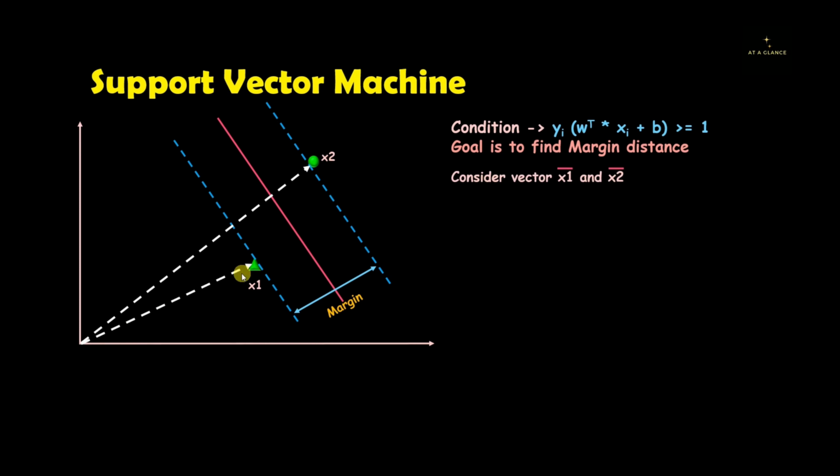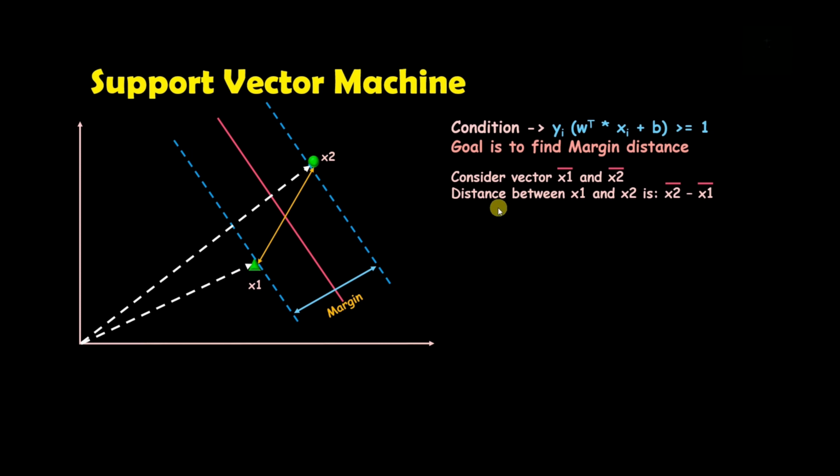These are nothing but vectors. Now we already know that the distance between x2 and x1 can be calculated by the formula x2 minus x1, because we already have the coordinate points of both these vectors. So we can compute the distance between x2 and x1 by simply subtracting x1 from x2, since x2 lies in the positive class.